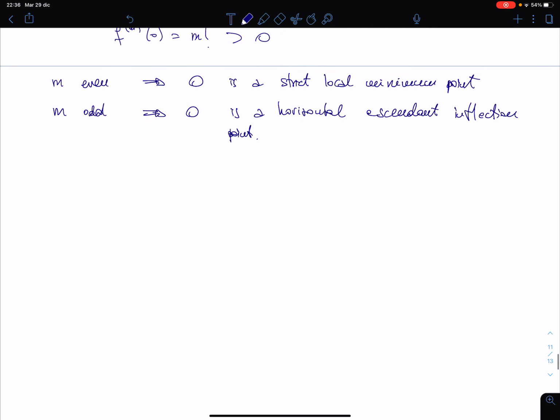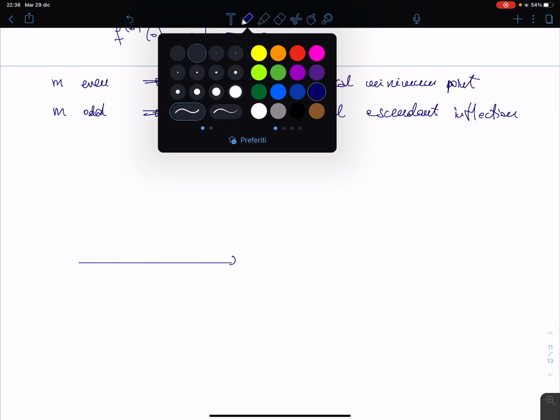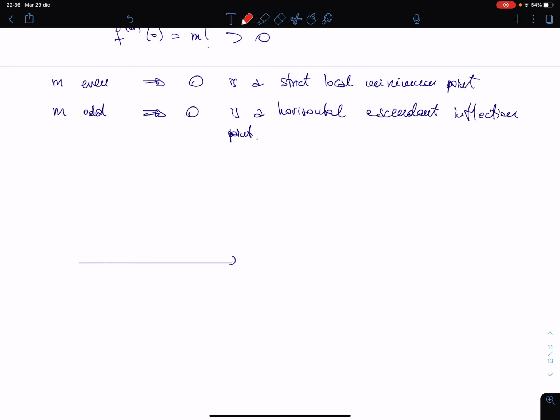And these are the different pictures between the two cases. In the case of m even, we have something that qualitatively remembers a parabola. But here at 0, it is much flatter than a parabola.